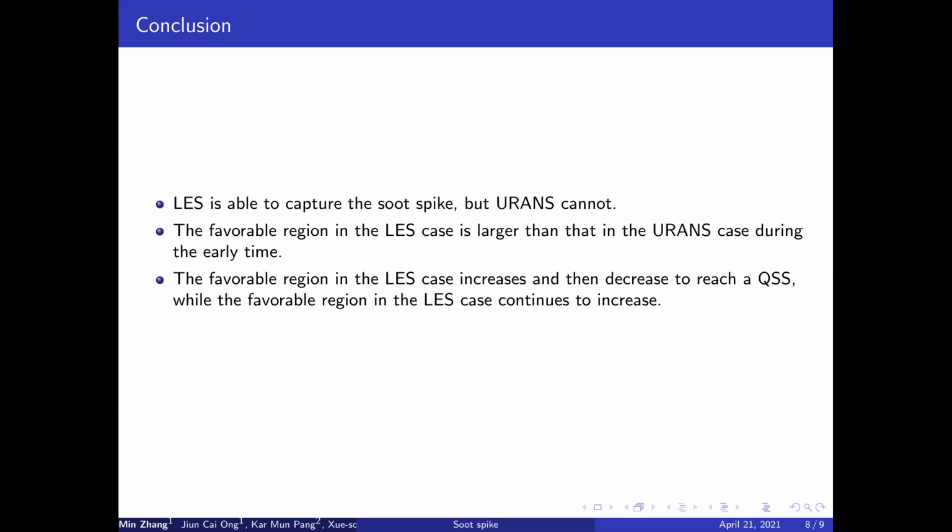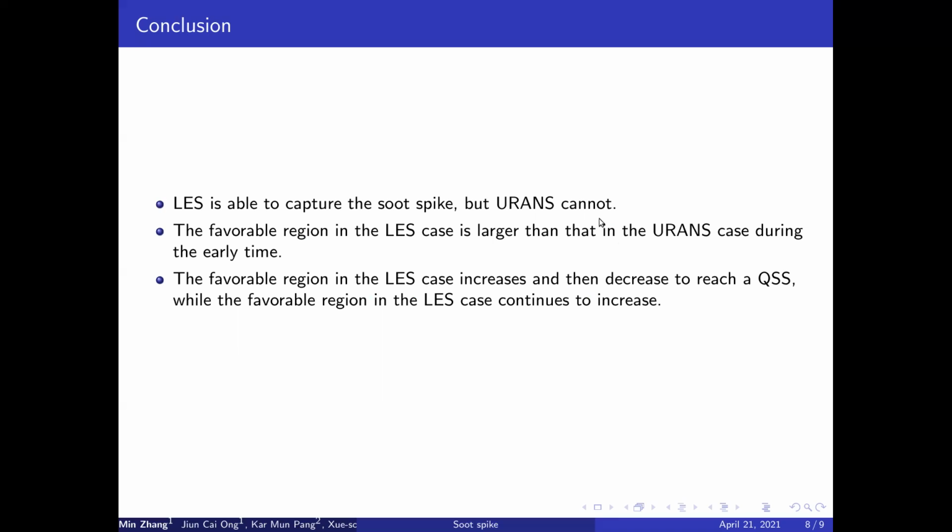Then we come to the conclusion. First, the LES is able to capture the soot speck, but the URANS cannot. And for the second point, the favorable region in the LES case is larger than that in the URANS case during the early time. So we can see a very rapid increase in the LES case during the early time.